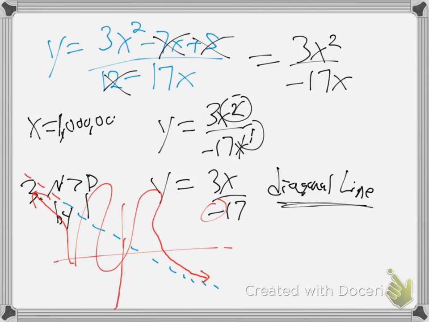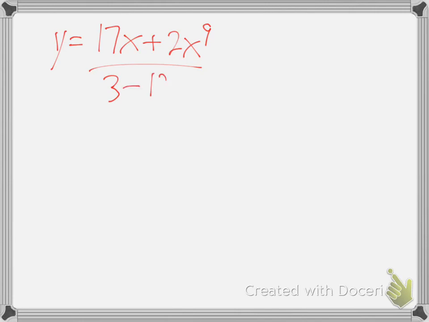Last case, case 4. So y equals something like 17x plus 2x to the 9th over 3 minus 12x to the 4th. Okay, so here, let's just make this 7.